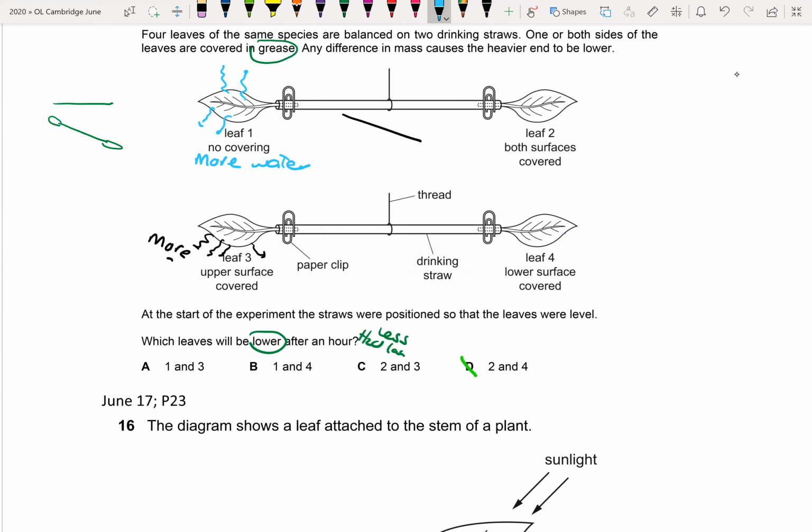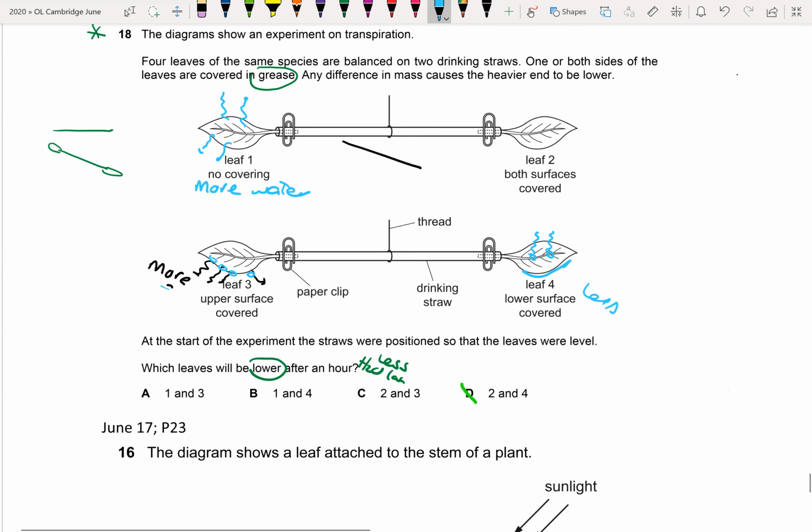The lower surface هنا مقفول. ف you're only going to lose through the few stomata اللي موجودين فوق. لكن هنا انت عندك lots of stomata موجودة تحت. and you've left them open. يبقى هنا more water loss, هنا less water loss. يبقى 2 and 4 are going to be heavier. شايف السؤال حلو ازاي؟ فعلا سؤال جميل جدا.